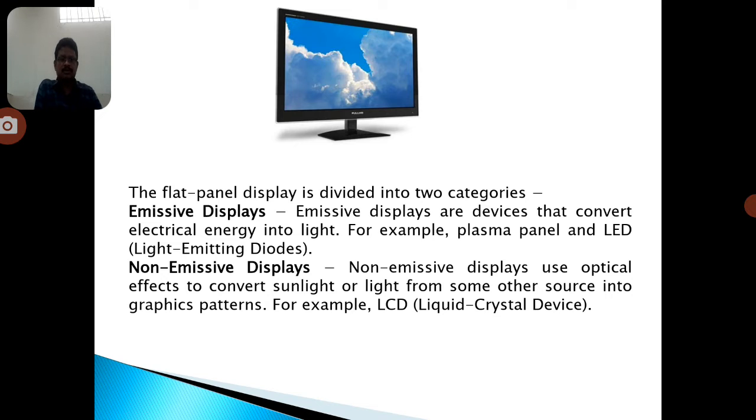An example of non-emissive devices is the LCD device, that is the liquid crystal panel. The emissive devices are the LED devices, and the non-emissive devices are the LCD devices. So flat display devices are of two types: the emissive display device, which comes under LED, and the non-emissive display device, which comes under the LCD pattern.